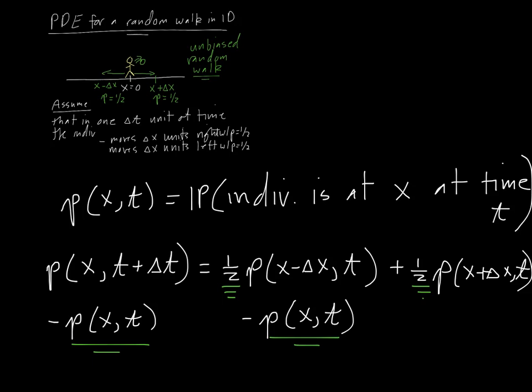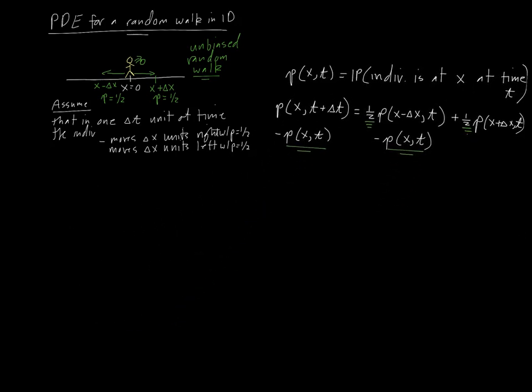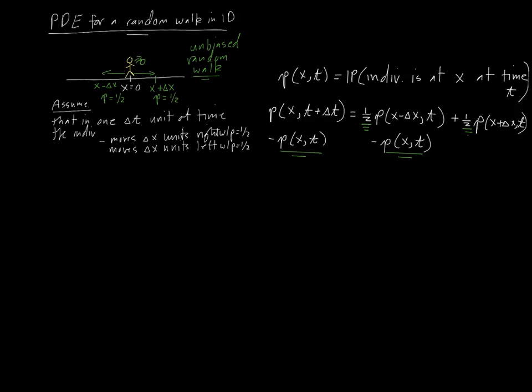But if we do this, let's shrink this into the corner, then the left-hand side of the equation becomes p of x at t plus delta t minus p of x comma t is equal to, and then let's pull out 1/2 from everything. So if we pull out 1/2, and let's reorder things.